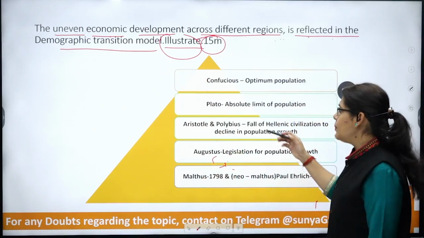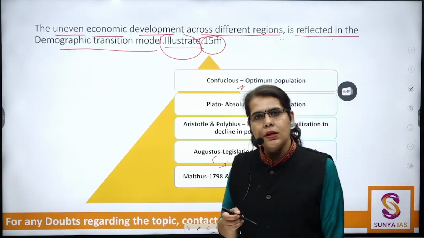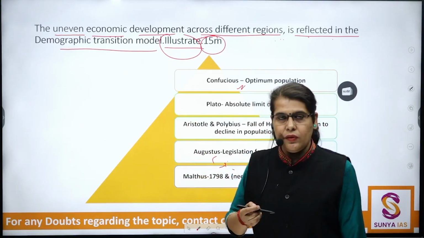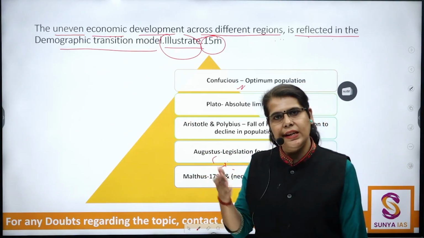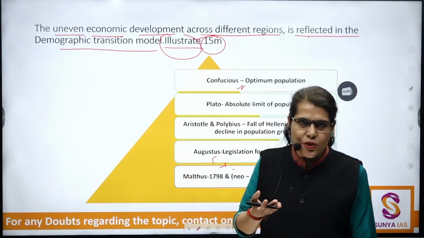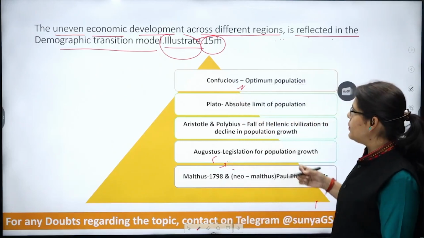So, for example, Confucius talks about optimum population, because he mentions that overpopulation will impact resources, which can lead to environmental concerns. So he can be said to be the first person who talks about the concept of optimum population.